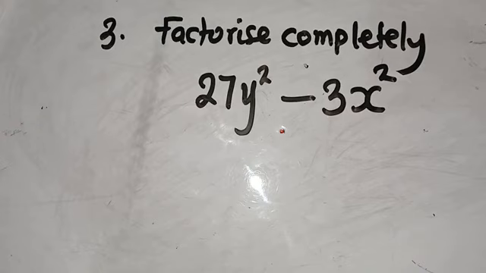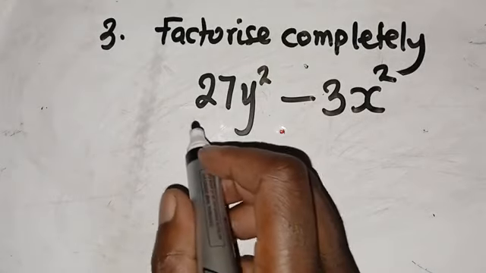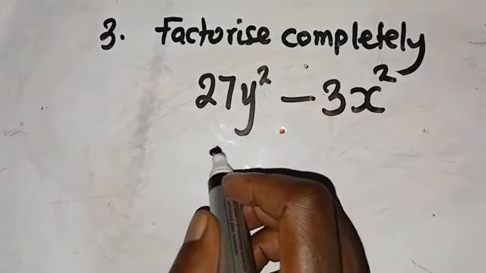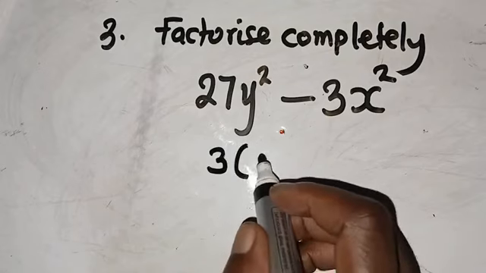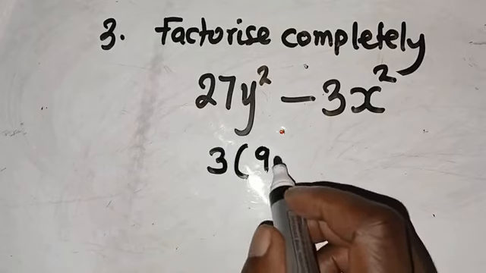You would see that here we could use a difference of two squares, but before that we need to use the common factor method, where we are going to factorize 3. When you factorize 3, here you remain with 9.